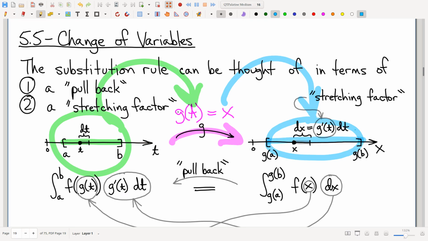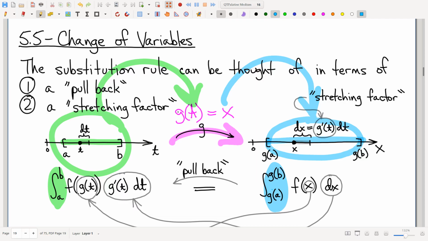And notice that tracks with the formula that we have here. This formula we have here, the substitution rule, the integral on the left is from a to b. The integral on the right is from g of a to g of b. So this domain creates as its image this domain, and the integral on the left is on that input domain. The integral on the right is on this output domain. Is that cool? Everybody's happy?